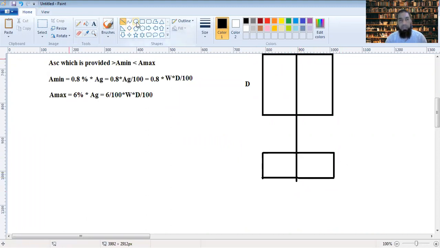But when you have steel bars here, then at these points, again, you would have compression. And this compression is acting at these points.